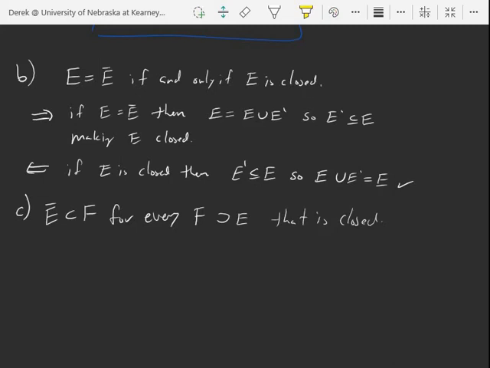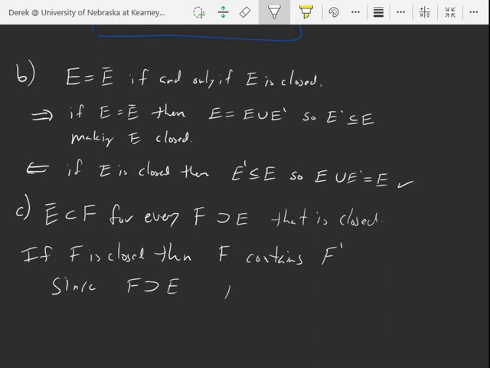Okay. So if F is closed, then F contains F prime, right? Its limit points. Since F is bigger than E, F prime contains E prime, right?